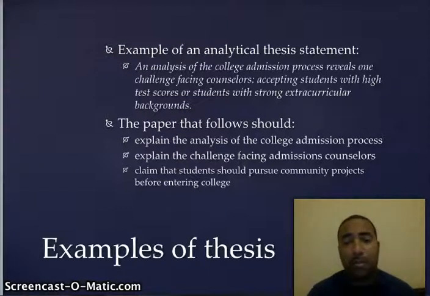Well, the type of paper that should follow should explain the analysis of the college admission process, which you see in the first part of the sentence, and then explain the challenge facing admission counselors, and then the claim that students should pursue community projects before entering college. So, we see our claim, and then we see our reasons to back up exactly what's being said.